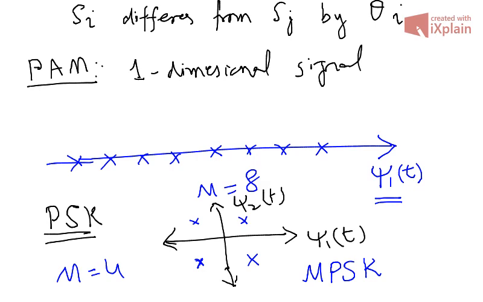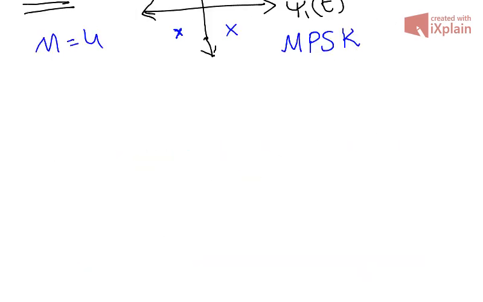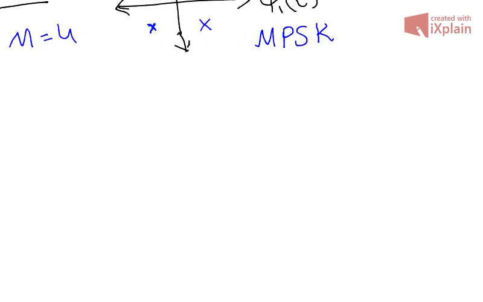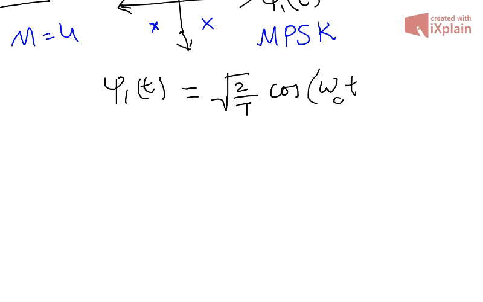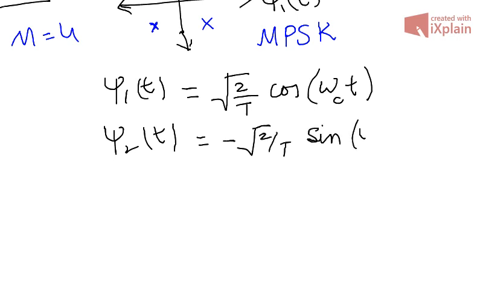With this knowledge from our previous lectures, let me recall psi 1 of t and psi 2 of t. We said that psi 1 of t is the square root of 2 over T cos of omega ct, and psi 2 of t is minus the square root of 2 over T sine of omega ct.